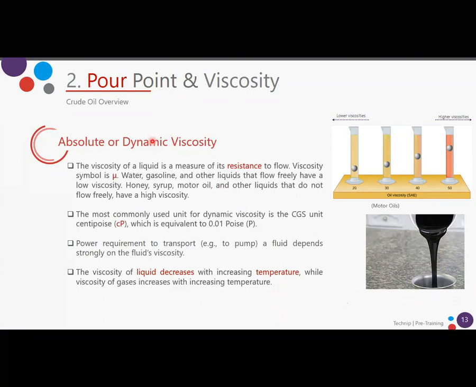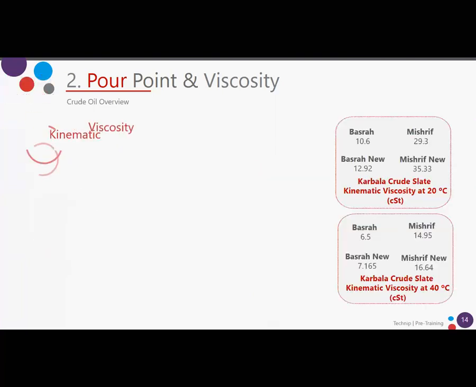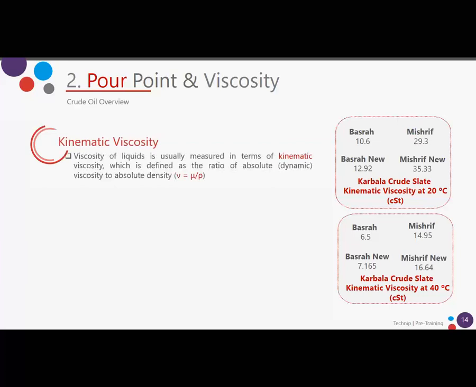So this is the dynamic viscosity, but we also see the viscosity expressed as the kinematic viscosity, okay? The kinematic viscosity is the ratio between the absolute or dynamic viscosity that we saw in the previous slide divided by the density of the liquid.